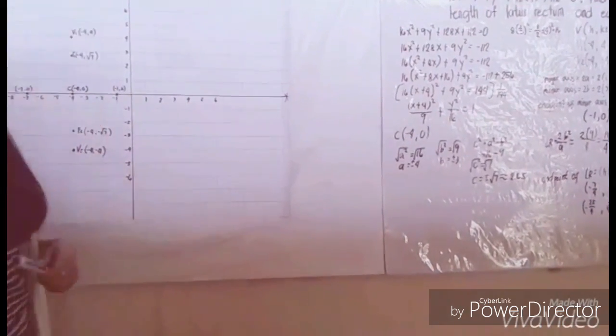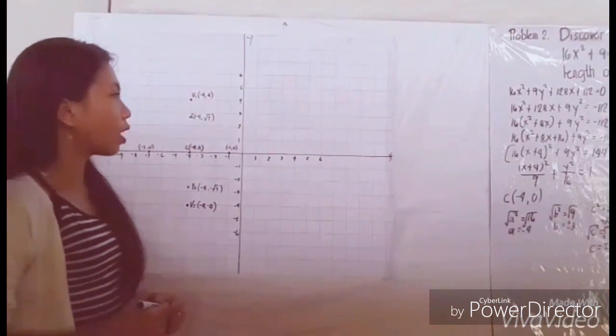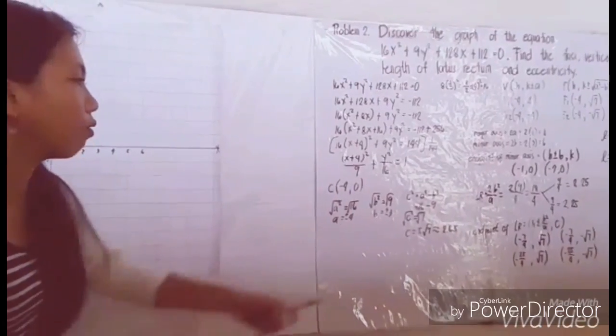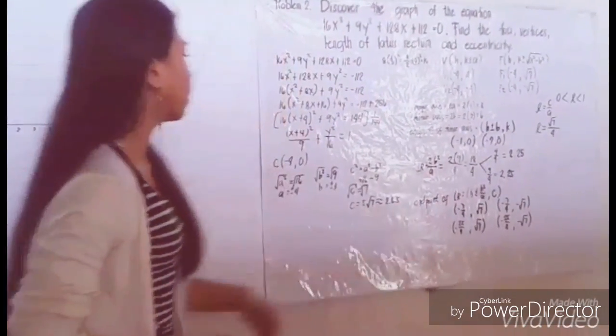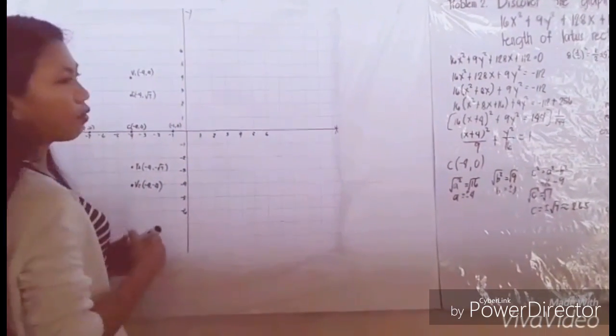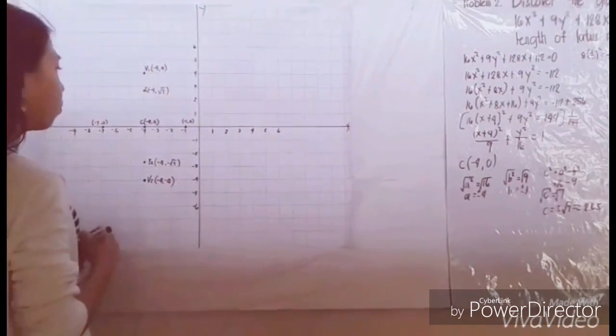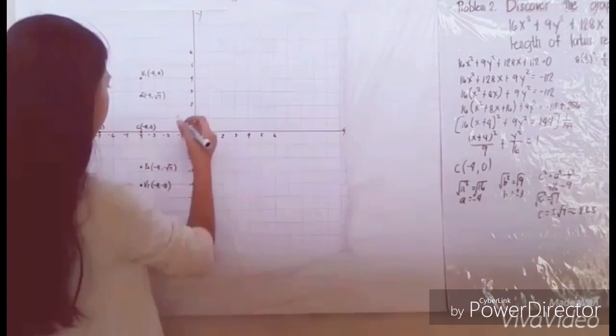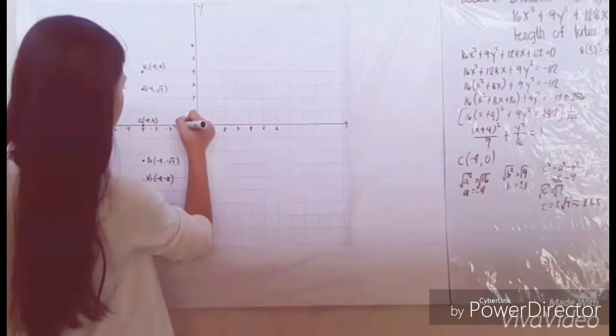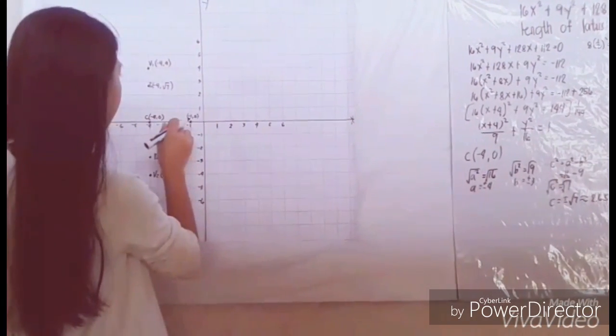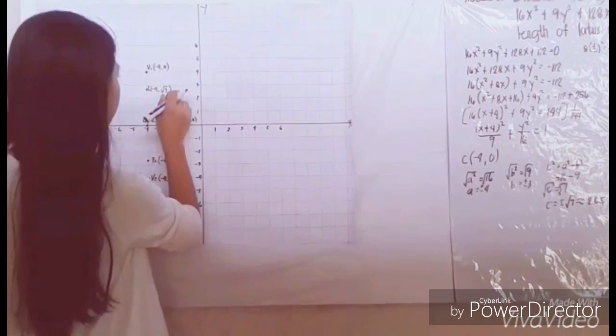Negative 7 over 4 is 1.75, so here 1.75 and square root of 7, which is 2.65.